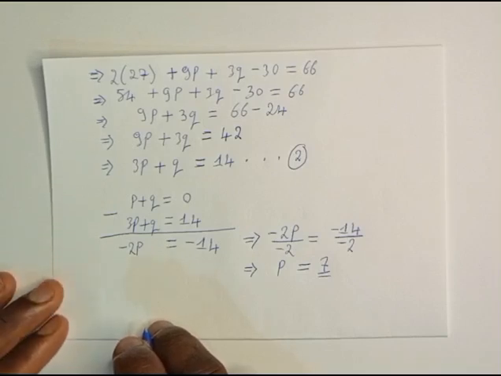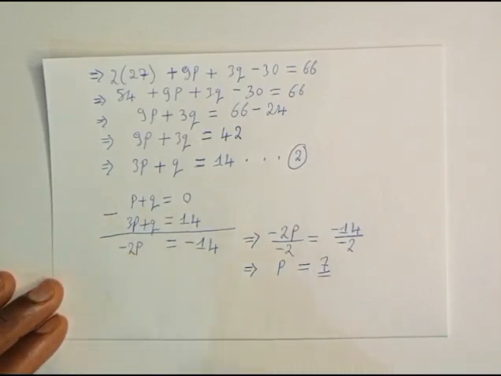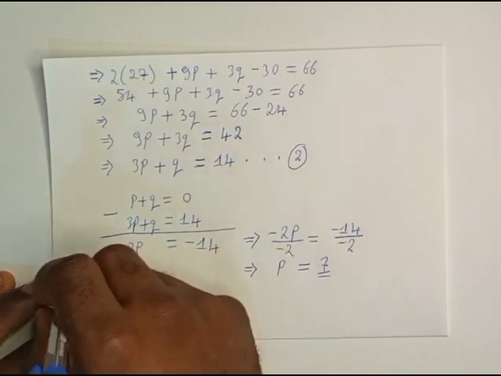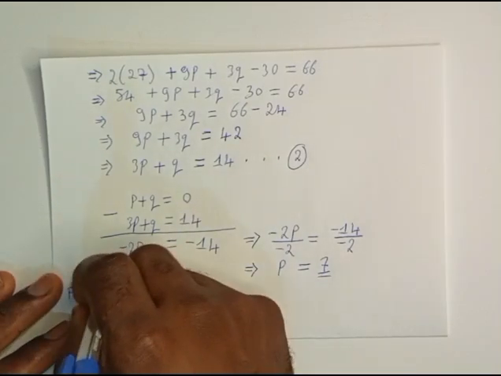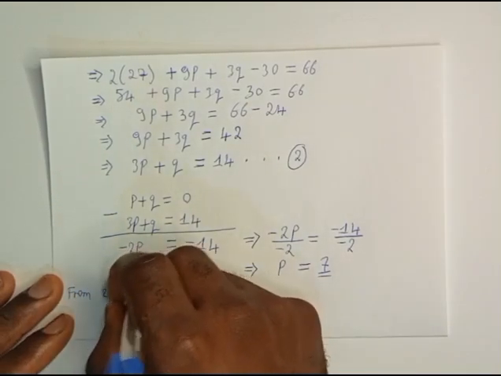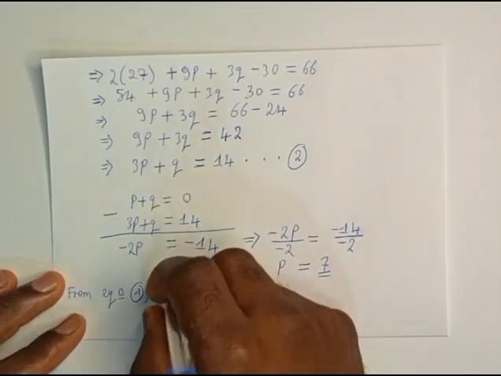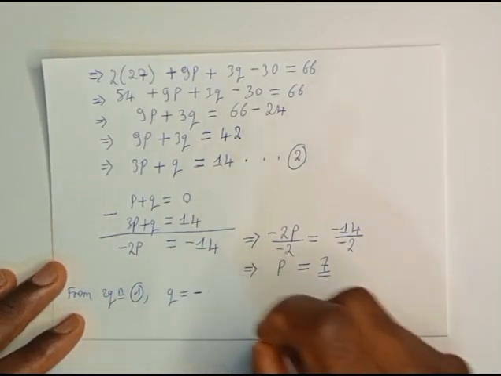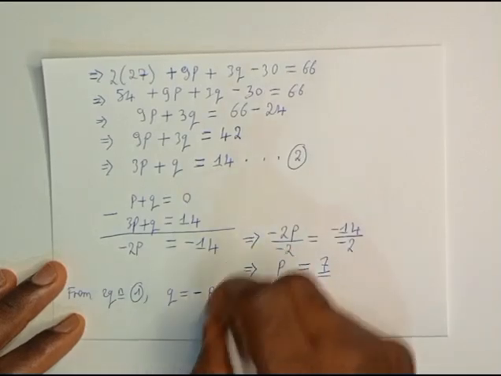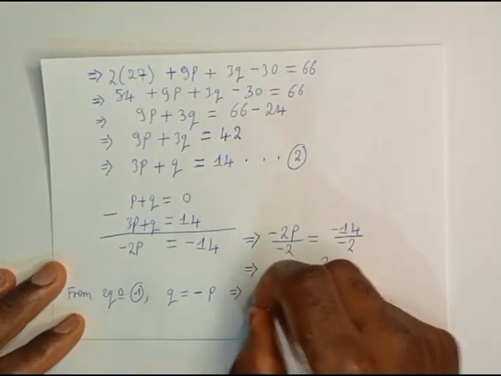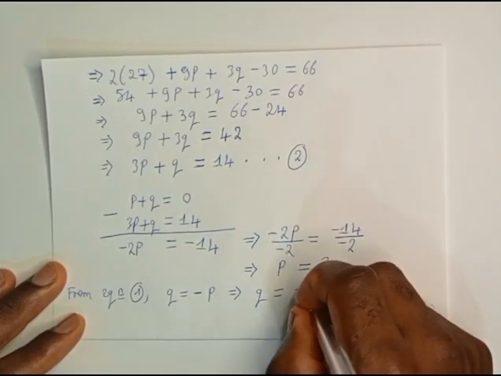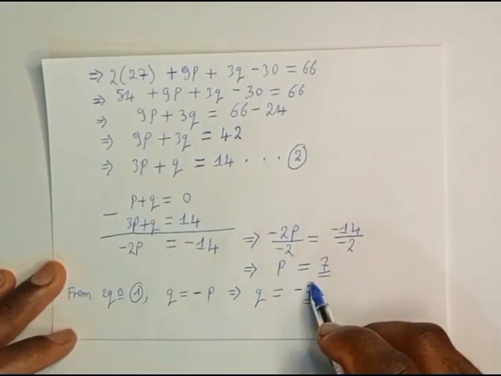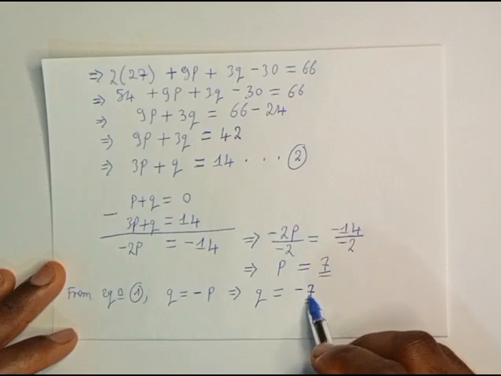Knowing the value of p and making use of equation 1, we can find q. We have q equal to negative p. This will simply imply that our q will be equal to negative 7. We have our p, we have our q.